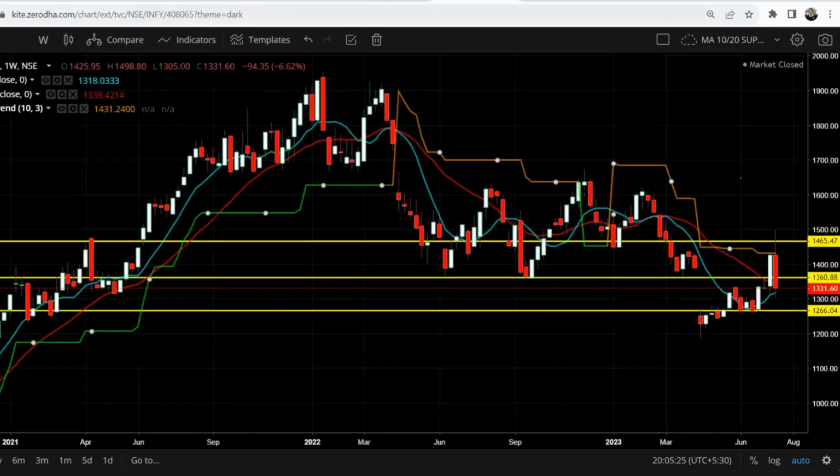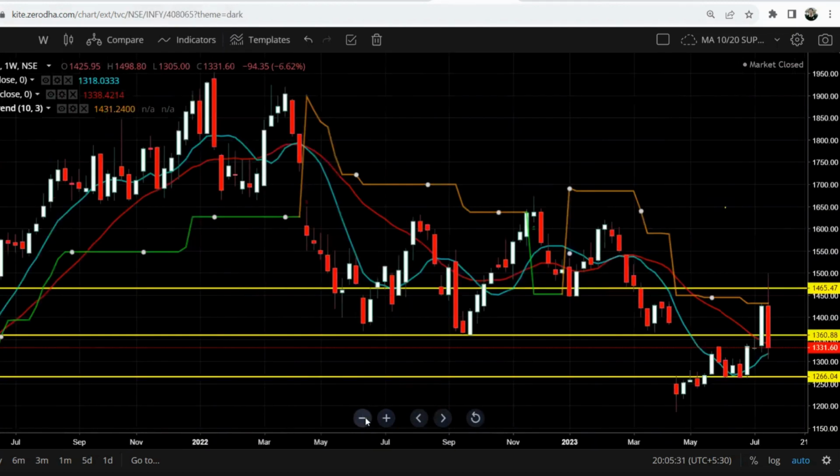So moving towards the Infosys chart. It was having a bad day. It really crashed 7 to 8%, and for Infosys the next support would be 1,260. 1,260 would be the support, and currently the resistance would be close to around 1,360. 1,360 is the first resistance, and the second resistance is 1,470.